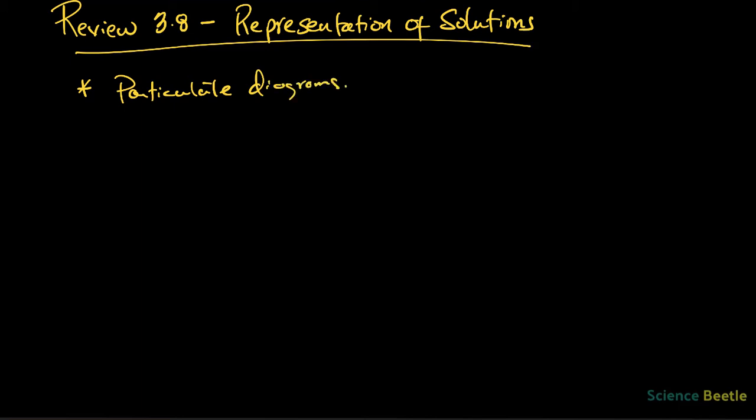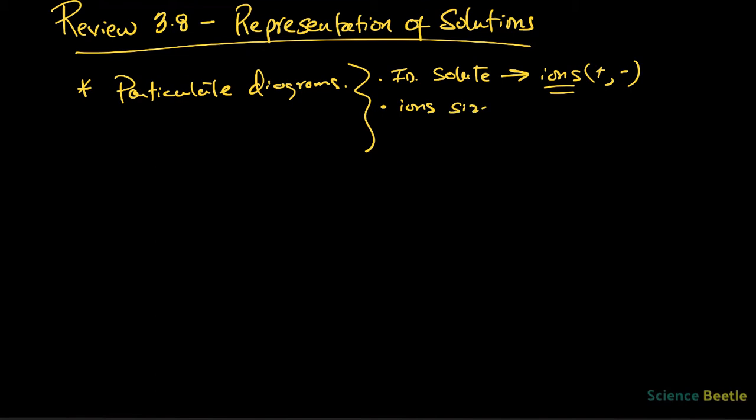Okay. So the main thing that you want to remember with the particulate diagrams is you want to make sure that you're able to identify the solute. And if it breaks down into ions, make sure that you can identify those ions as either the positive ions or the negative ions. You also want to make sure that you are able to represent the ions when they're generated in the proper size.